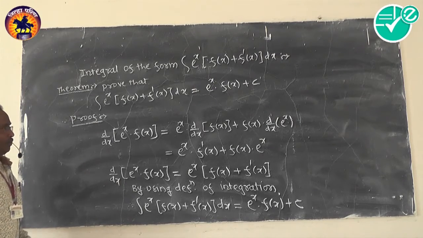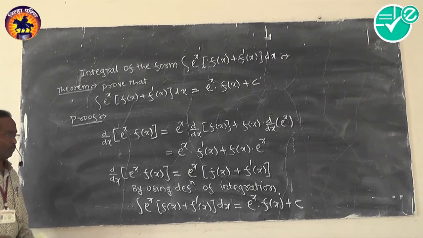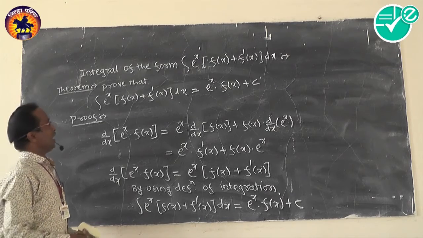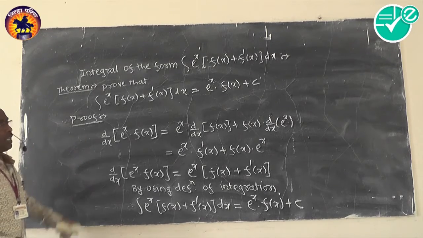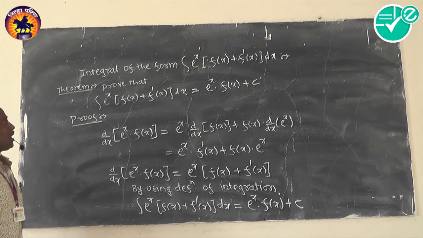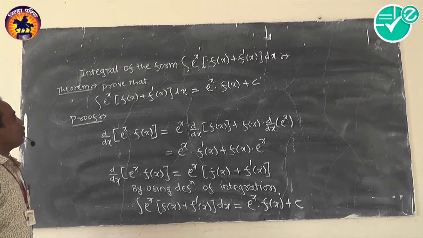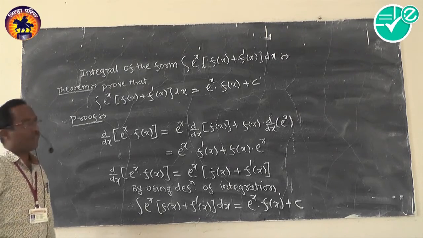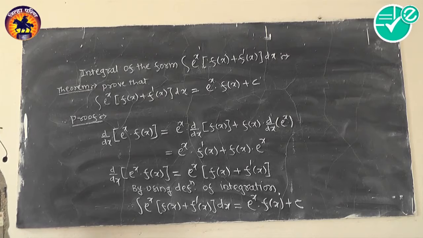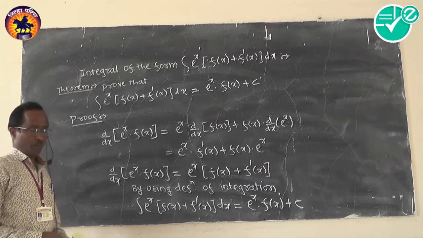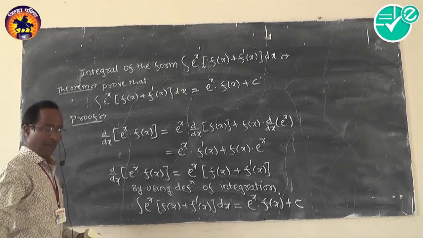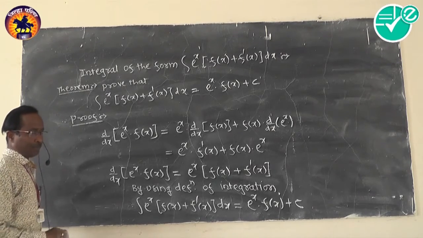So we have taken the proof of the corollary. Integral of e to the power x into f of x plus f dash of x dx is equal to e to the power x into f of x plus c. Now we are going to take the examples on it.